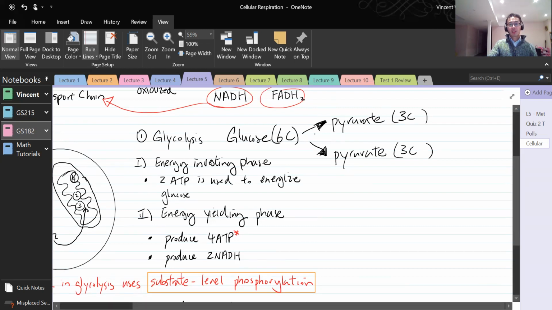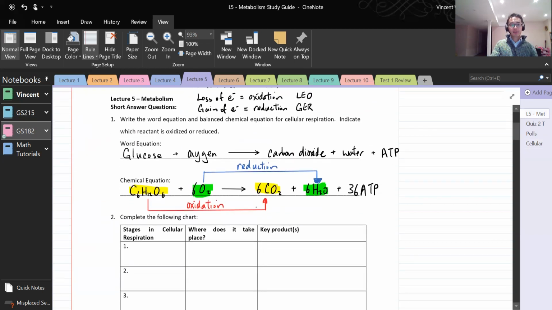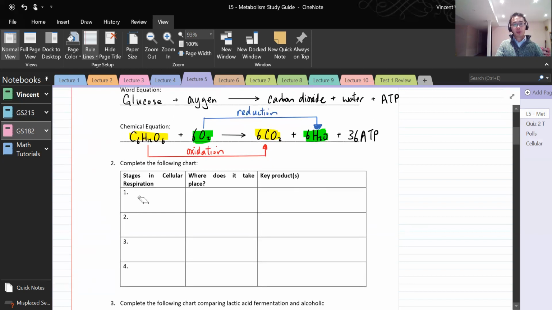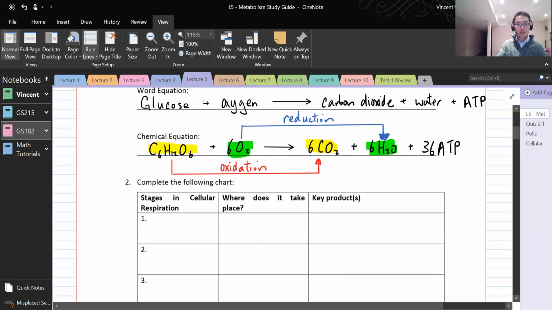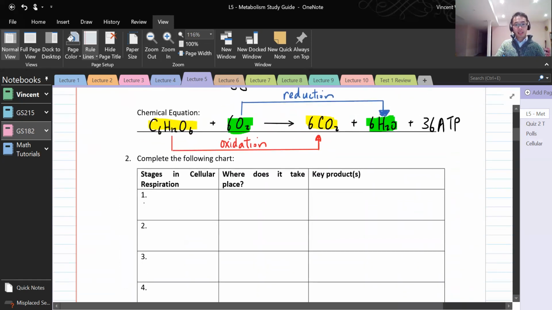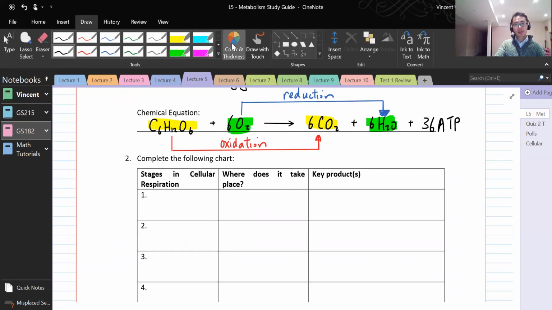So at this point, much of the energy is still locked in the pyruvate. You can continue to metabolize pyruvate, and then you get so much more ATP and energy carriers from it. All right. So let's go back to our table here. Let's fill in the first row, stages in cellular respiration. The first step is glycolysis.